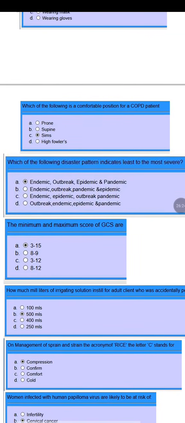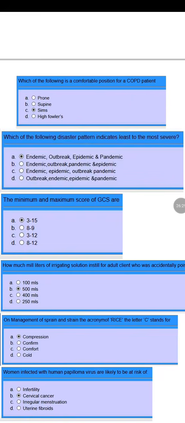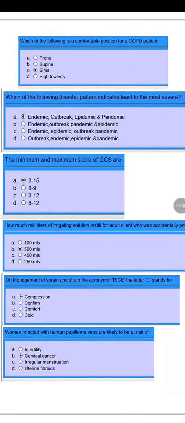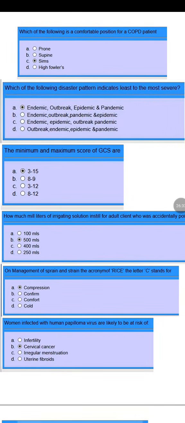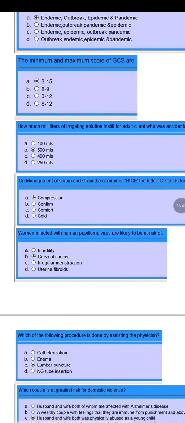Which of the following is a complication of COPD? Which of the following including the most severe: epidemic, outbreak, endemic. The maximum score is from 3 to 15.